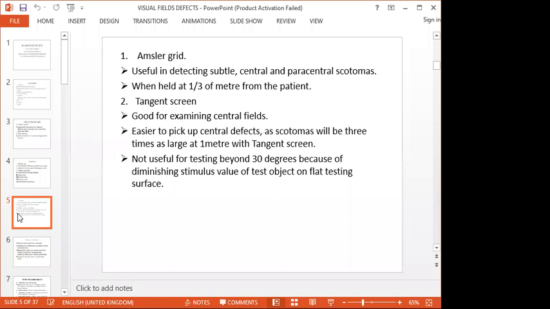Tangent screen is good for examining central fields and easier to pick up central defects, as scotomas will be 3 times as large at 1 meter on a tangent screen. Not useful for testing beyond 30 degrees because of diminishing stimulus from the center.